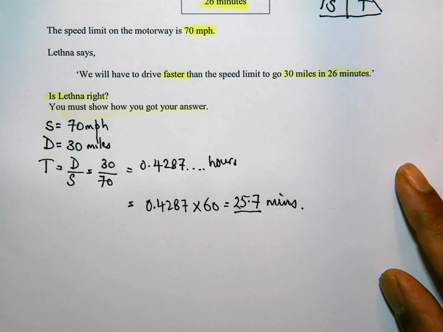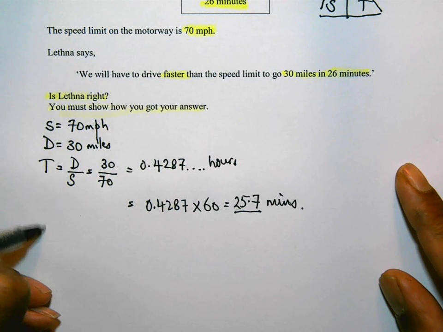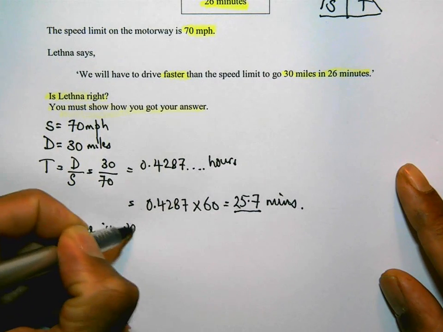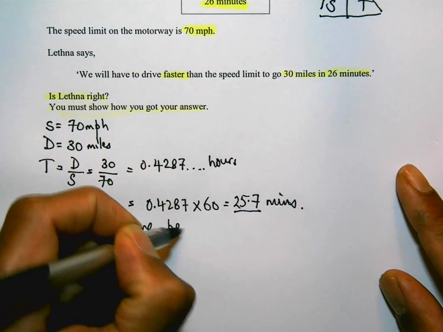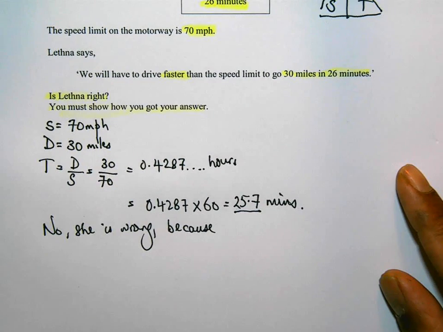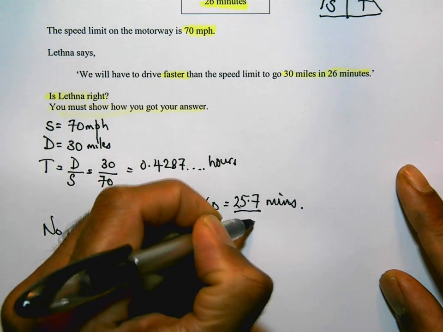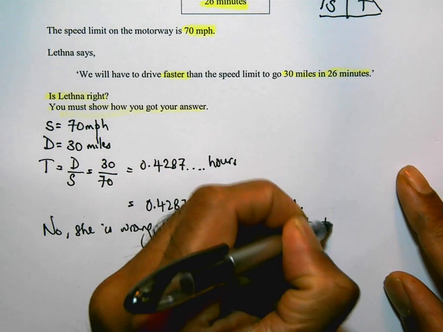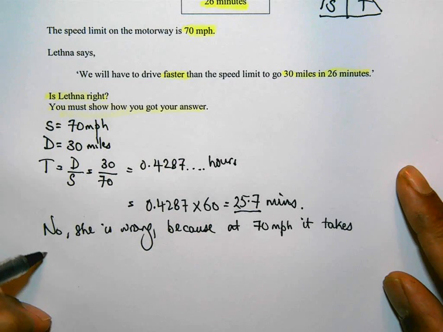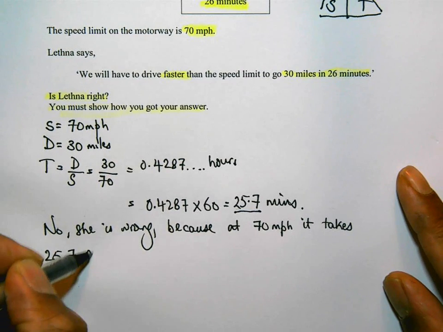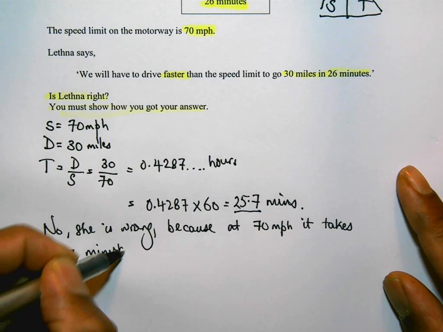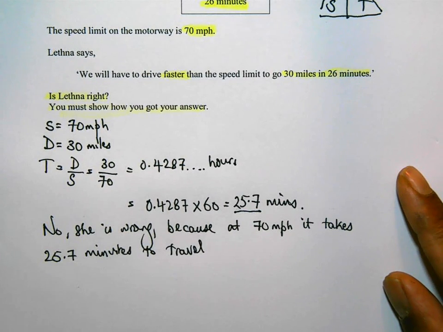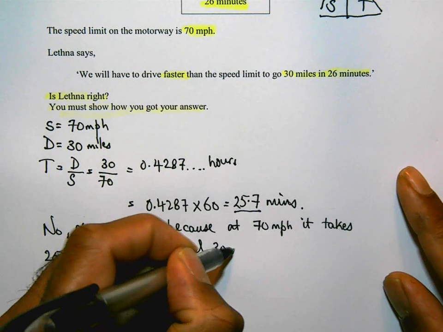So I'm going to say, no, she is wrong, because at 70 miles per hour, it takes 25.7 minutes to travel 30 miles.